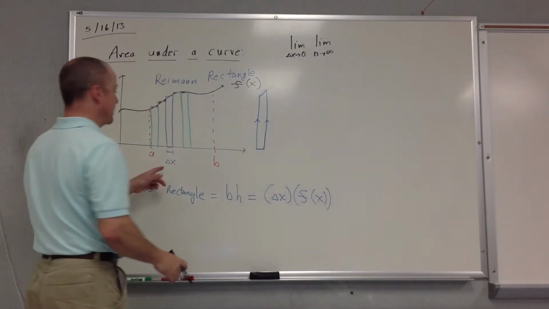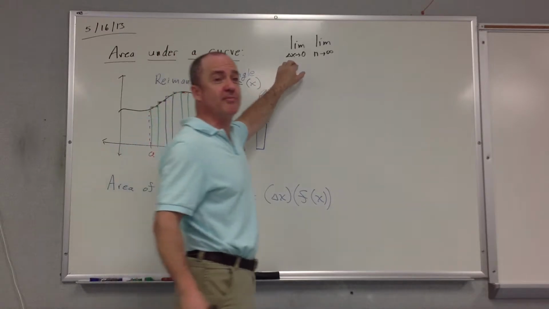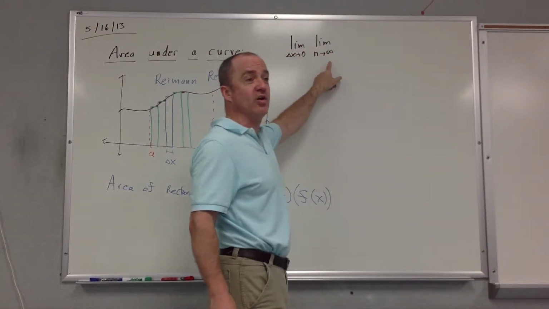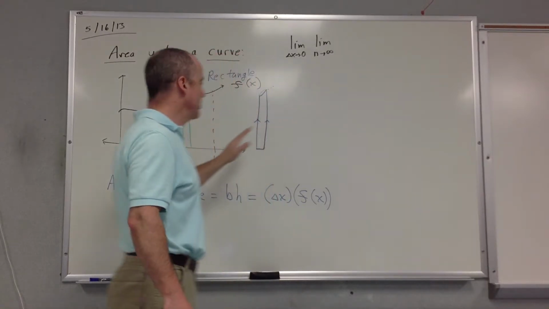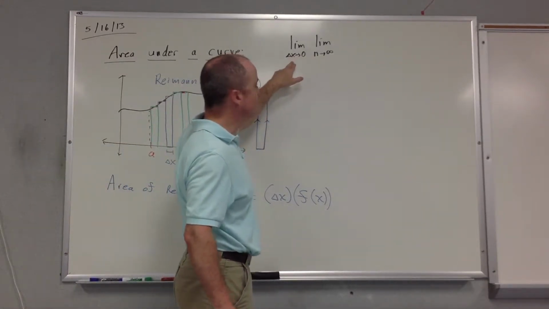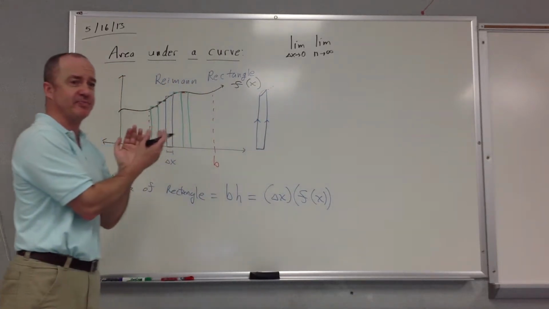But to recap, this is my statement saying I want to shrink the bottoms of my rectangles. This is my statement saying I want a whole boatload of those rectangles, as many as I can imagine. Now once I have the areas of an infinite number of really small rectangles, what do I want to do with all those areas?